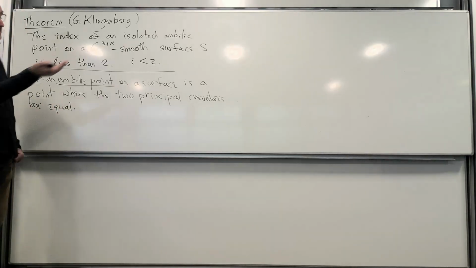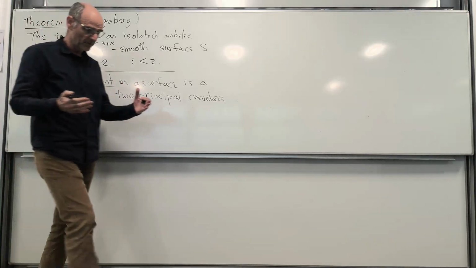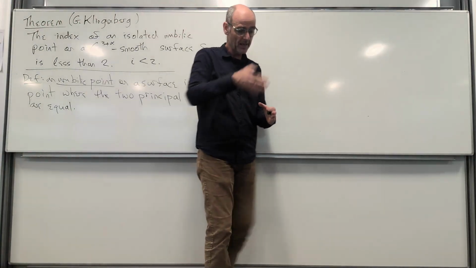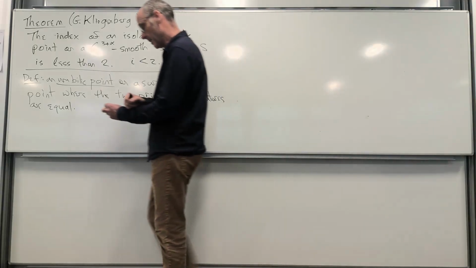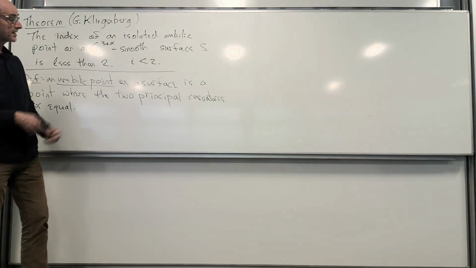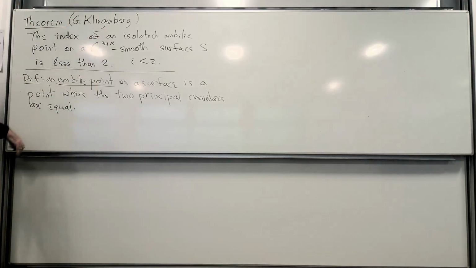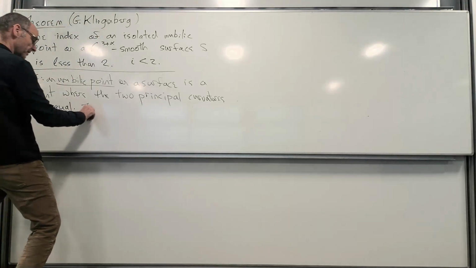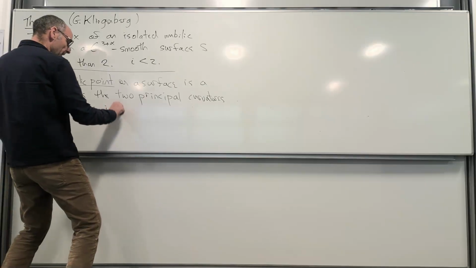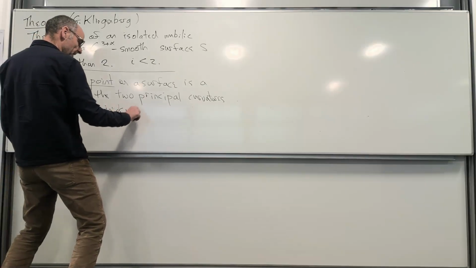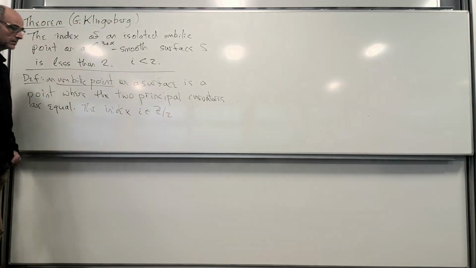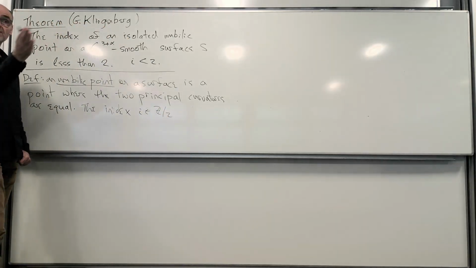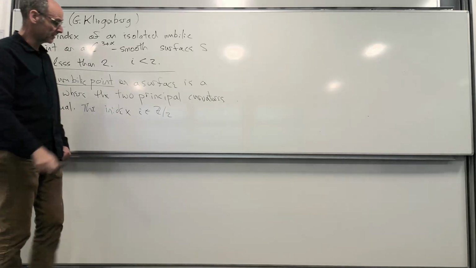The index of an isolated umbilic point: the umbilic points will be singularities of the principal foliation. So you have a foliation of your surface, and you'll have a singularity, and at that point you'll have a winding number. I should mention that this index is actually a half integer in general, because it doesn't have to be orientable; it just defines a line field on the surface rather than a vector field.